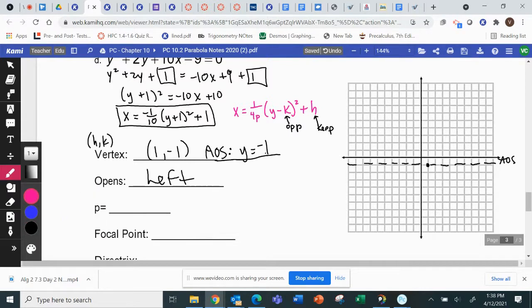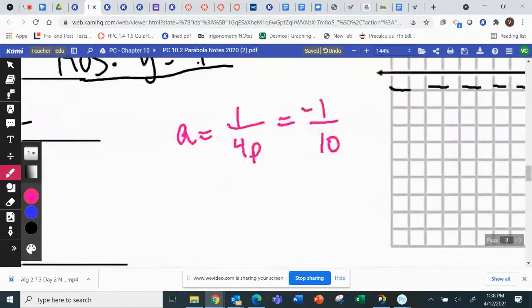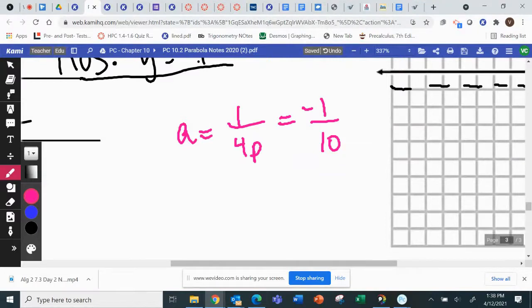Next is our p-value. So we do a equals 1 over 4p. That's the formula. Whatever our a is, set a equal to 1 over 4p. So our a is negative 1/10. I might not be able to look at this and know the answer, so I'm going to cross multiply.